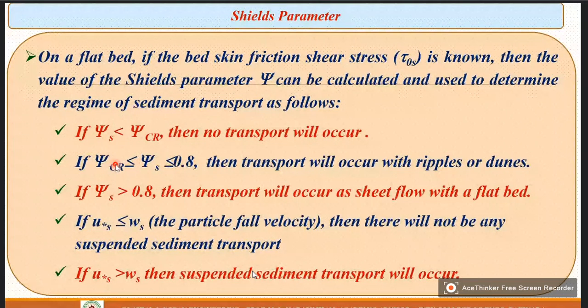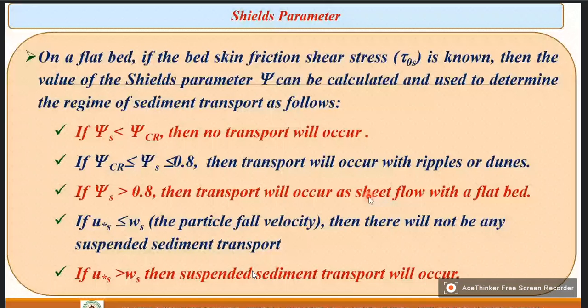On the other hand, if the critical value is less than psi s, which is less than or equal to 0.8, then the transport will occur with ripples and dunes. If psi s is greater than 0.8, then the transport will occur as sheet flow with a flat bed.